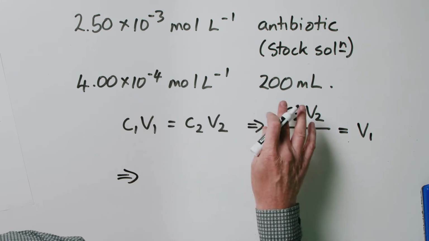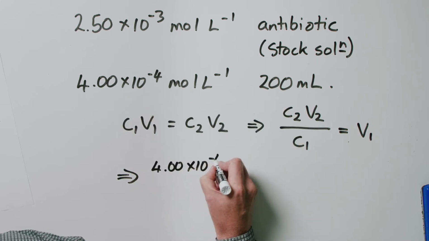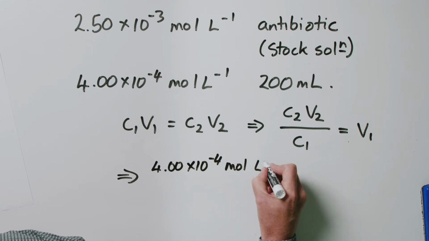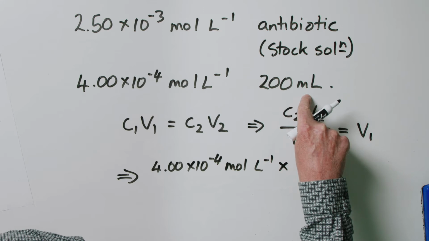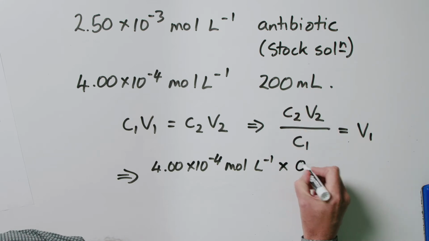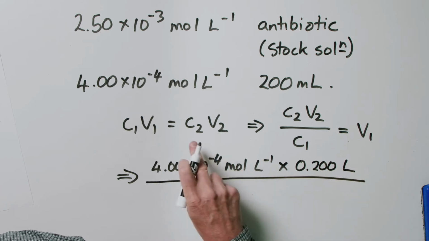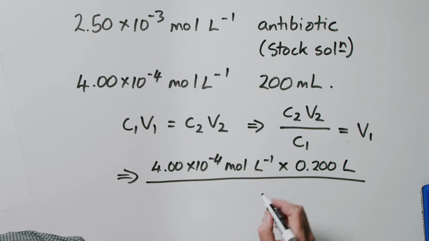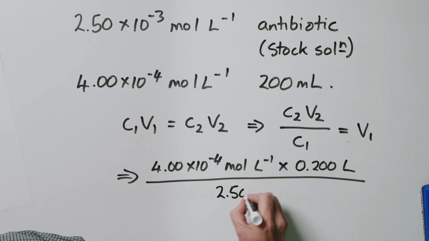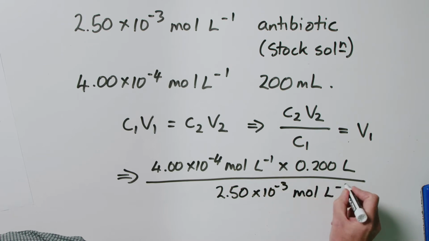So C2 is 4.00 times 10 to the minus 4 mole per litre, multiplied by V2. Remember, millilitres no, litres yes. 0.200 litres, divided by C1, and C1 was the concentration of our stock solution originally, 2.50 times 10 to the minus 3 mole per litre.